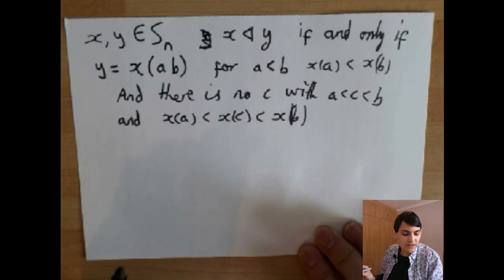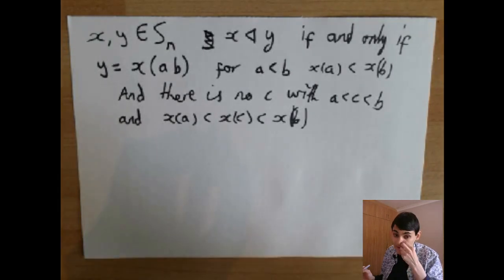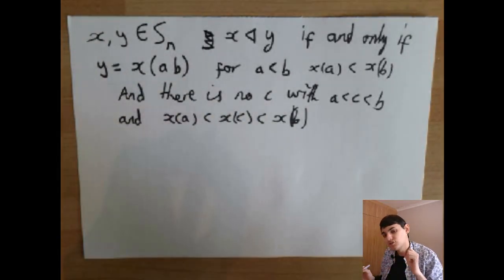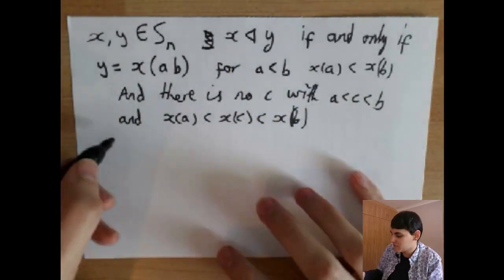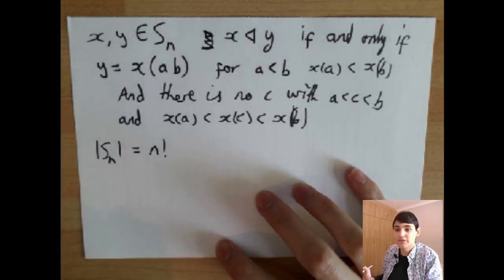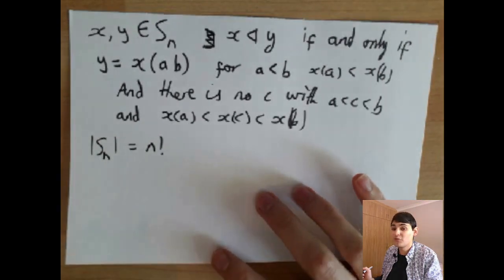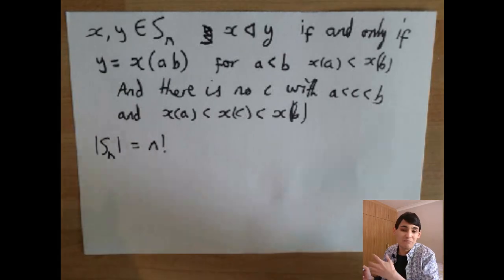But what about finding the Bruhat order of elements in S_n? Because S_n grows factorially. The size of S_n is n factorial, and once you get past 4 or 5, this factorial is massive.